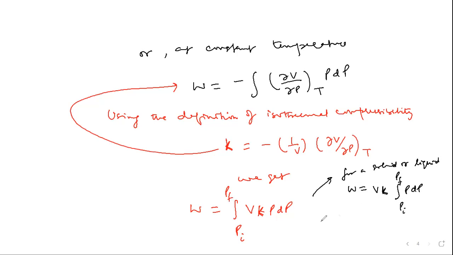So when we integrate it, we'll get, it is an approximation, first let me write the equality, it is half V kappa times Pf square minus Pi square.